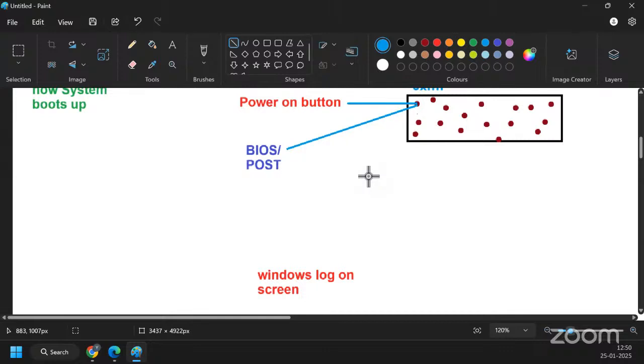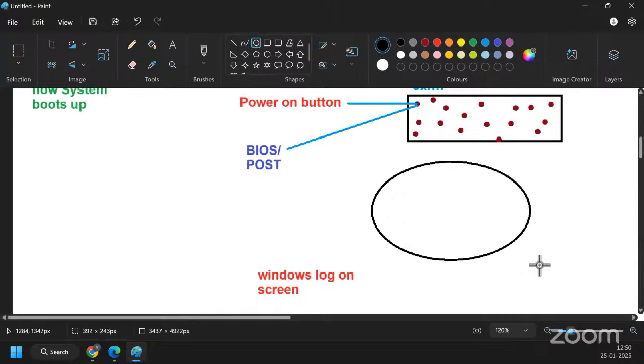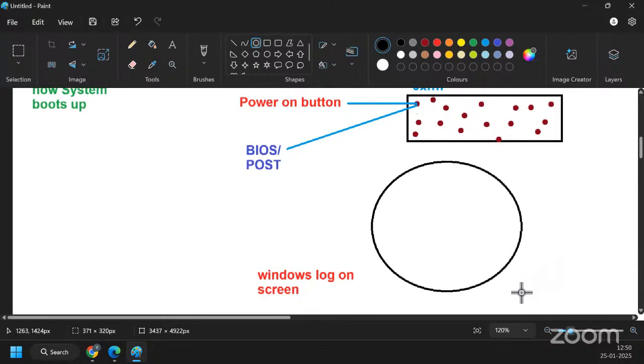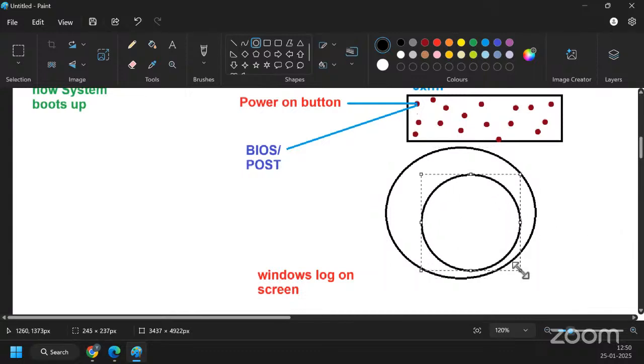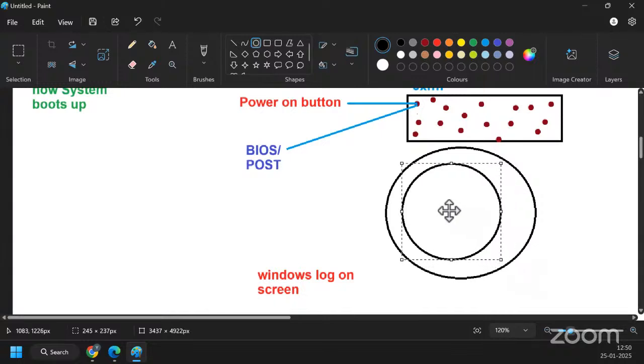Now over here, the very last thing that gets checked by your BIOS is the hard disk. Now guys, our hard disk from inside is going to look like this. Inside of that we will be having the partitions, not the physical, but actually the logical partitions.